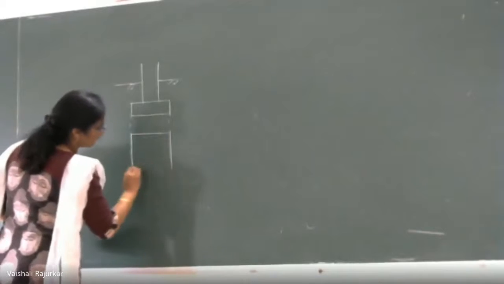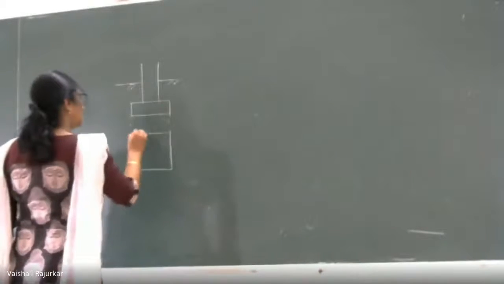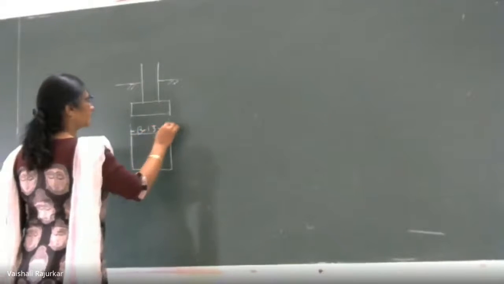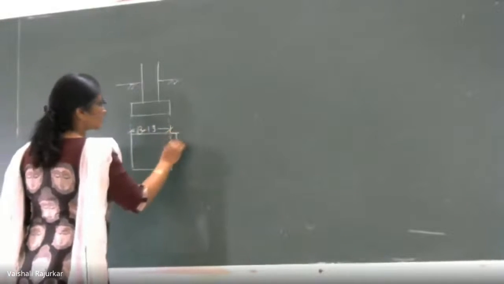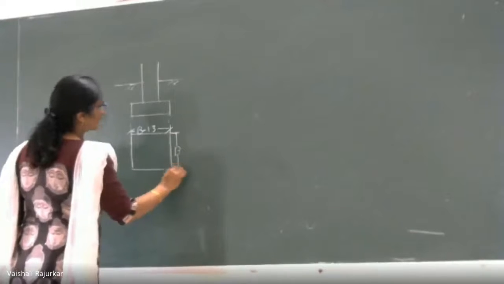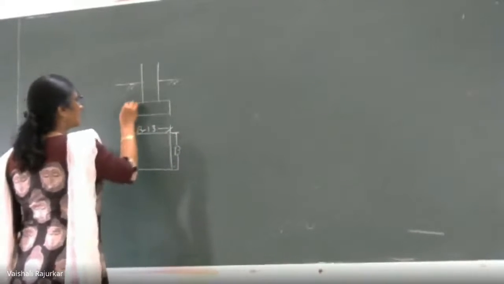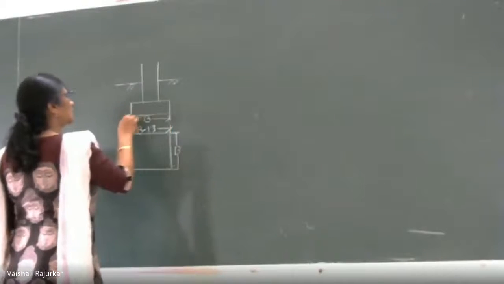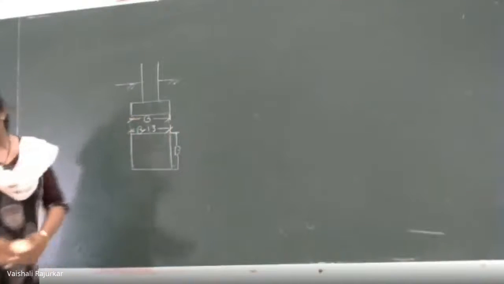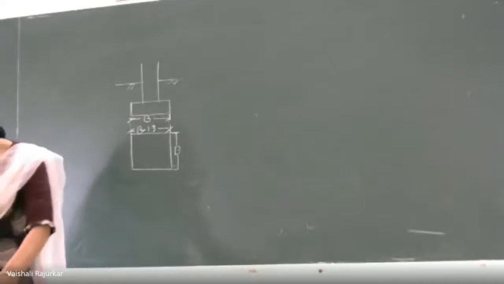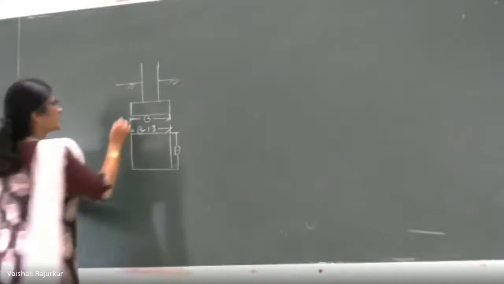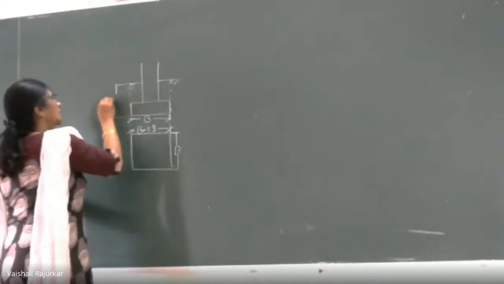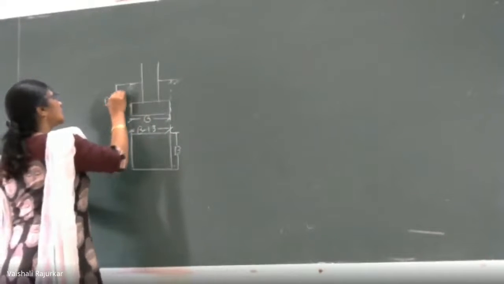As it is a square footing, B is given as 1.3, and here also B is 1.3. So this is the plan and this is the section. What is the depth? Depth is given as 1.2.